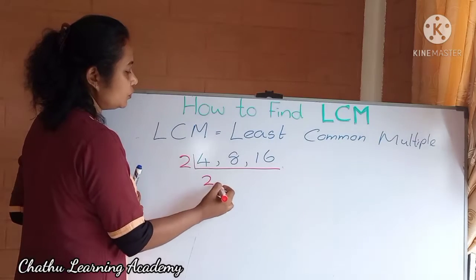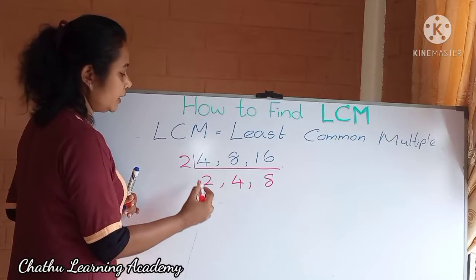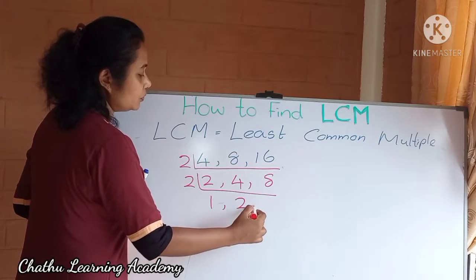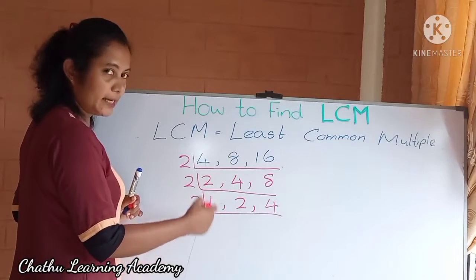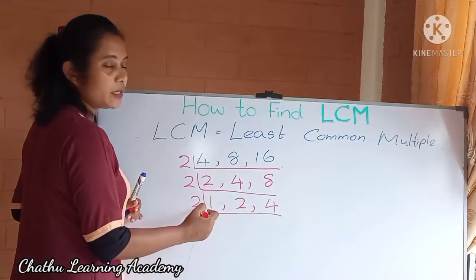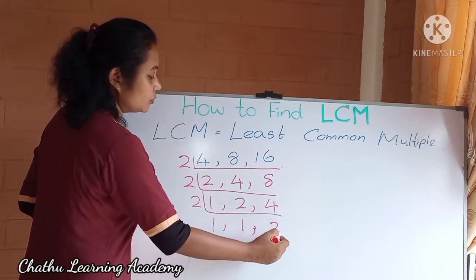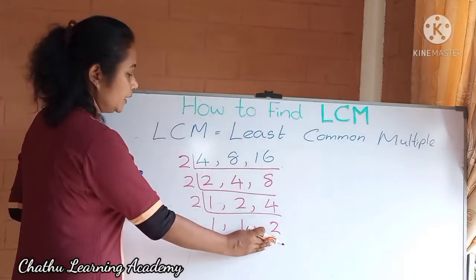Here 2, 4 and 8. Then again we can divide these values by 2: 1, 2, 4. Here two numbers are divisible, so again we can divide these values by 2: 1, 1 and 2. No need to continue dividing. You can stop here.